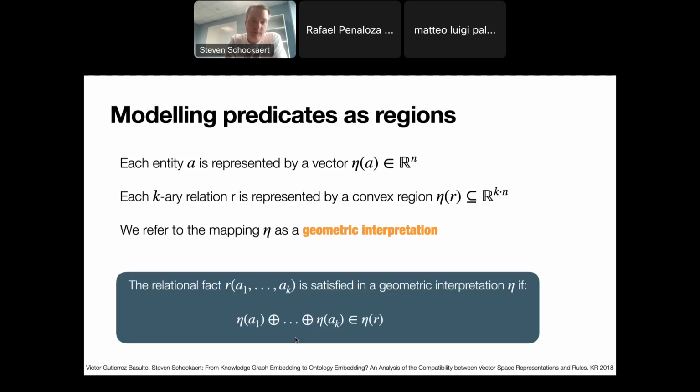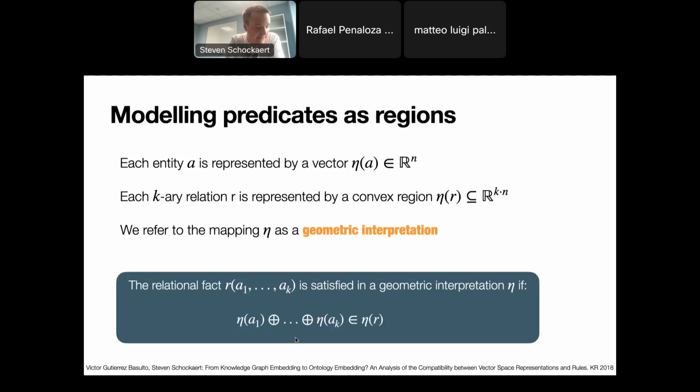And once you have this basic view, then if you want to check if some relational fact applied to the arguments a1 to ak is captured by the embedding space, all we have to do is take the representations of the arguments a1 to ak and concatenate them, so that this plus symbol here is concatenation.